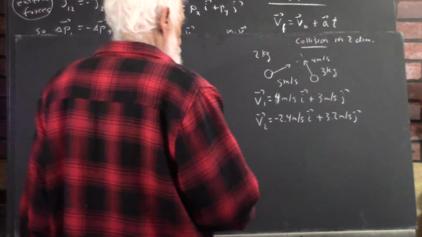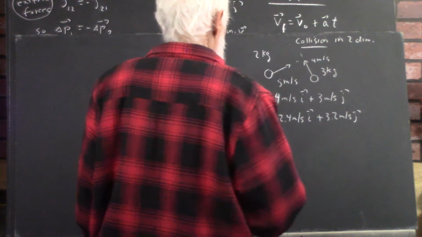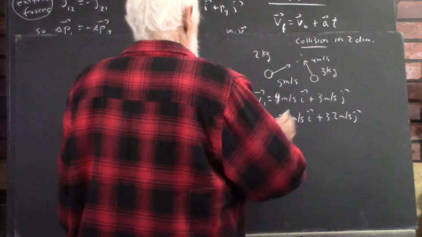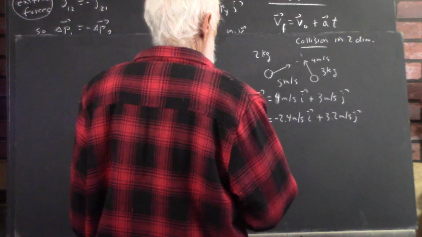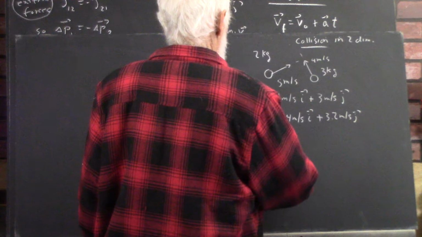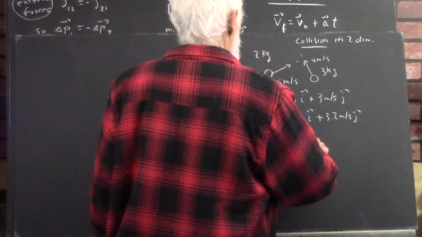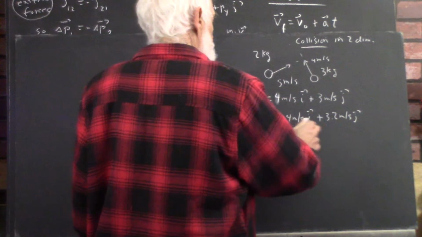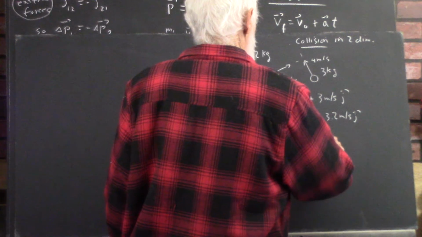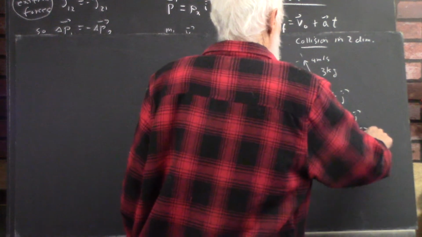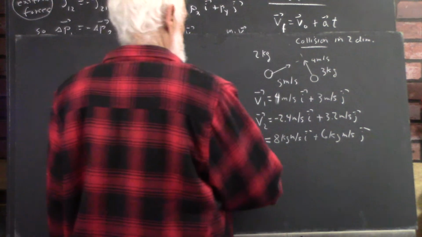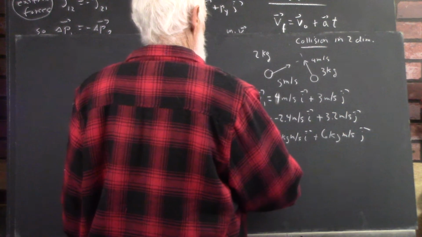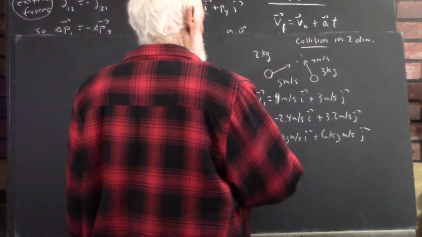Okay, so what's P1 and P2? P1 before collision is, well, two kilograms times V1, which is going to give us 8 kilogram meters per second times I, plus 6 kilogram meters per second times J. Here we've got 3 kilograms, so we're going to have to multiply V2 by 3 kilograms.